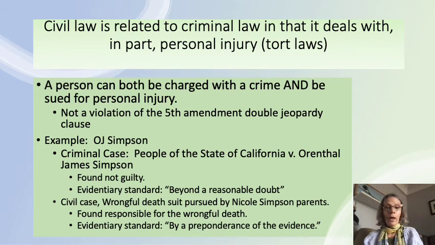So he's going to lose money, and he had to sell his memorabilia and stuff like that, right? In order to offset or pay for those damages, which I don't think he ever fully paid. But since you're just losing money, the burden of proof is lower there. Okay, so this is a good example of that overlapping of criminal law and civil law.